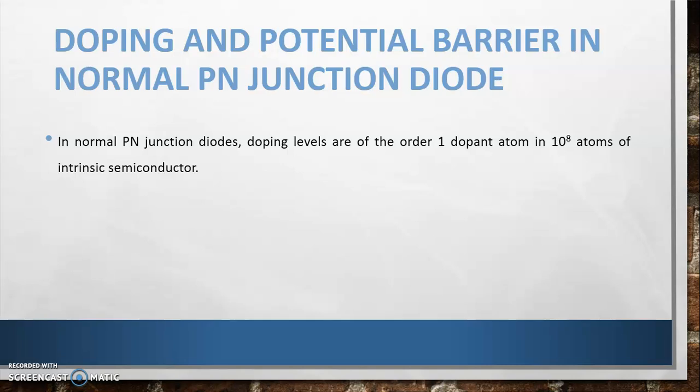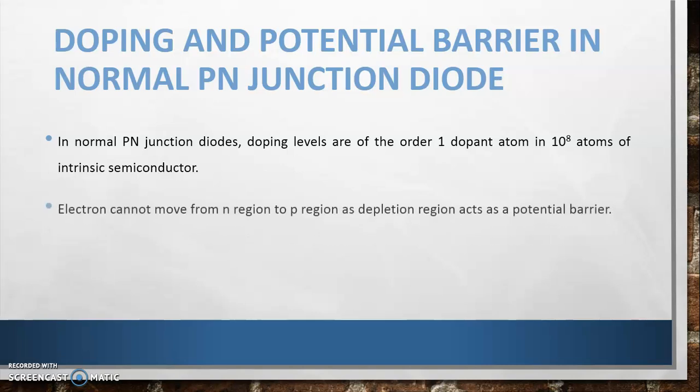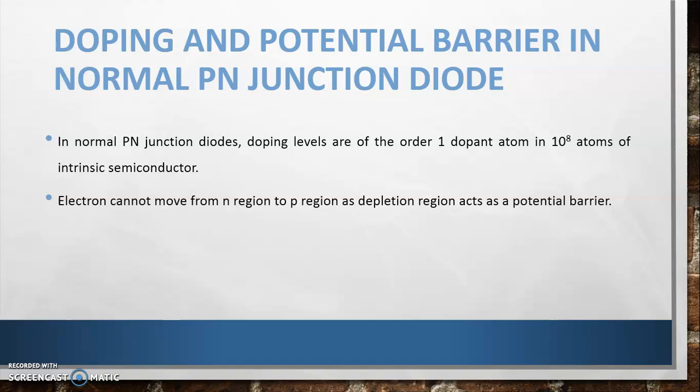In the normal PN junction diode, doping levels are of the order of 1 dopant atom in 10 raised to 8 atoms of intrinsic semiconductor. Means in 10 raised to 8 atoms, only a single atom in the intrinsic semiconductor is doped. Electrons cannot move from the N region to the P region as the depletion region acts as a potential barrier.